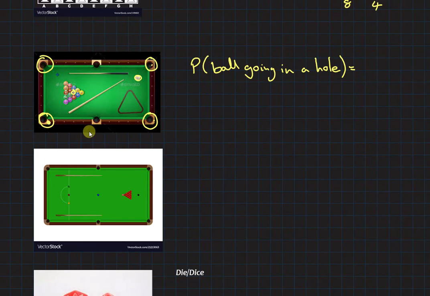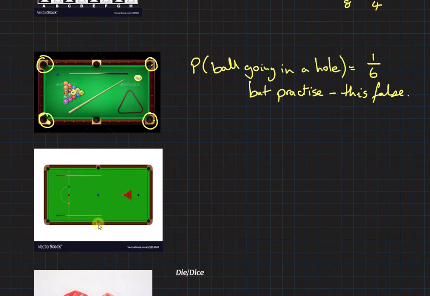So probability of a ball going in a hole theoretically is 1 in 6, but in practice, which we'll come back to later, it's wrong. That would be false. Especially if you've got good pool players. Good pool players, they will be playing into corners on long shots.